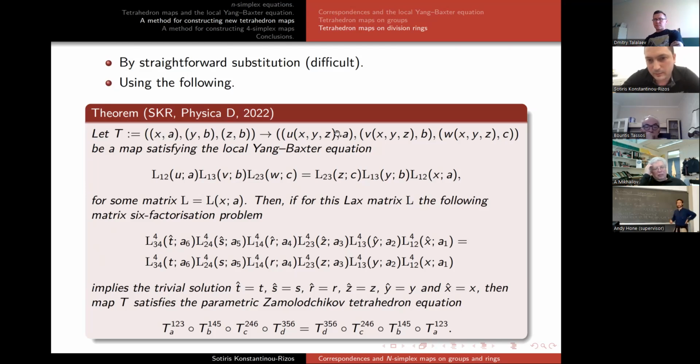And then you get a pair of elements, U with parameter A, V with parameter B, and W with parameter C. Let's say that this map satisfies the local Yang-Baxter equation. So you substitute it here, and the equation is satisfied. Is it a tetrahedron map? How can we check?